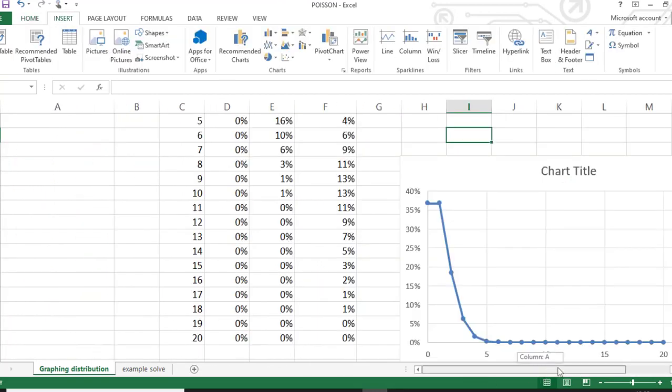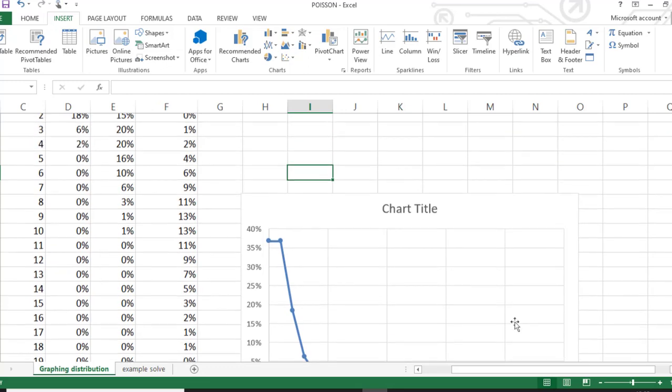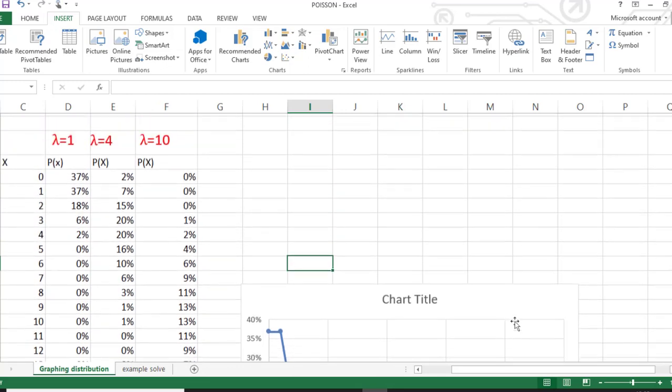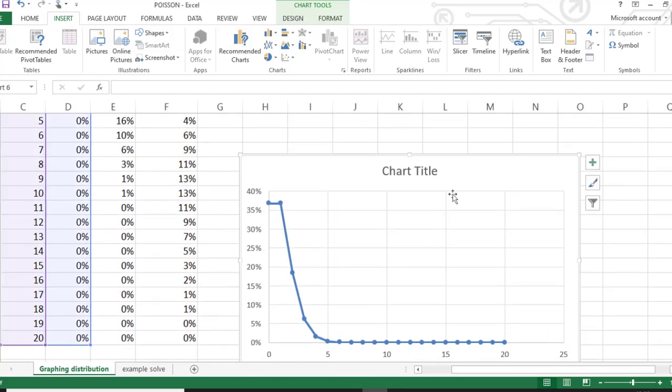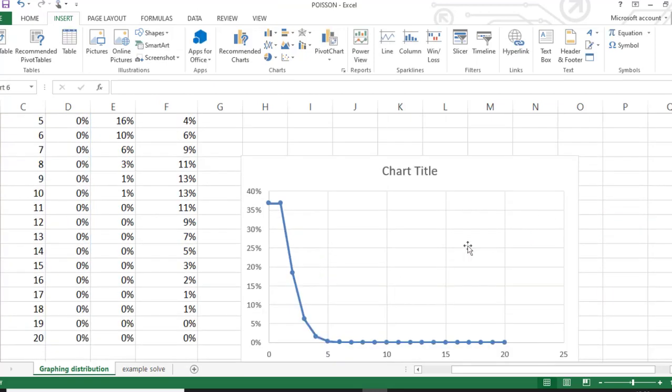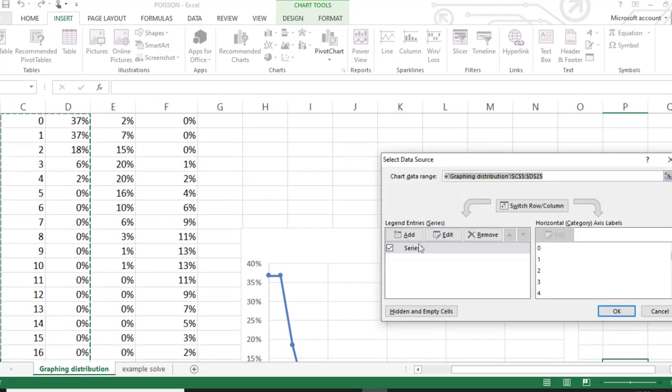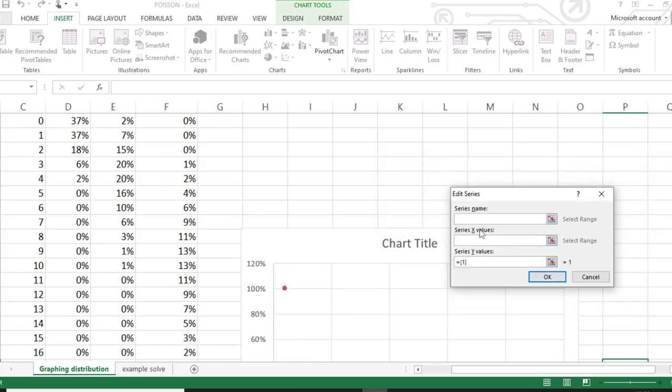Okay, now let us add the second graph, that is when mean is equal to 4 in the same chart. So we'd use the select data command. Then I would add the series 2. So the series name would be when mean is equal to 4.